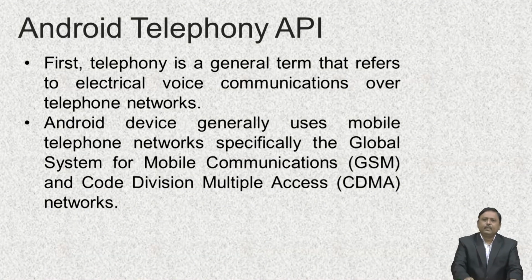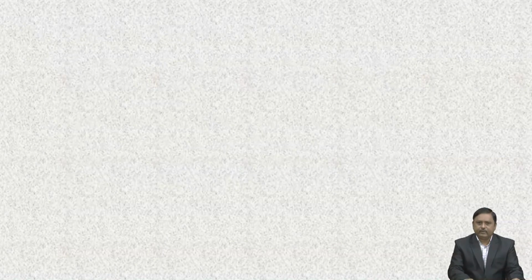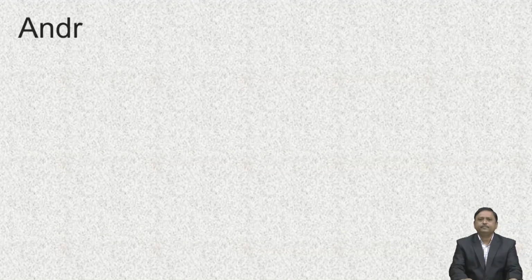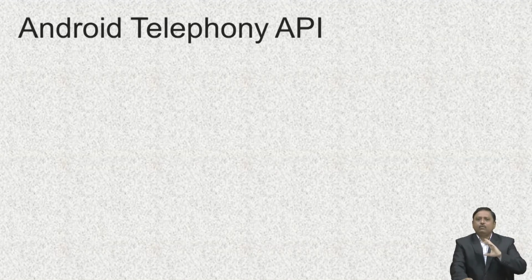Android devices generally use a mobile telephone network, specifically either GSM or CDMA. That is, global system for mobile communication, or another technology, code division multiple access networks, right? So your device may use either GSM or CDMA technology for voice communication.